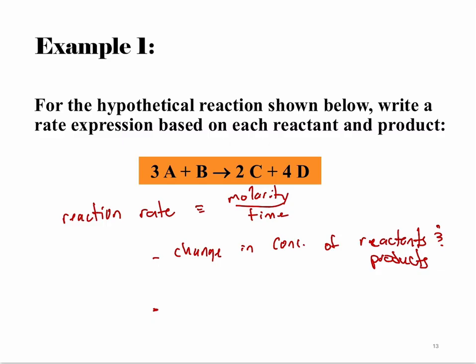It's related to the coefficients? Yeah, right. That's exactly right. It's the stoichiometric coefficients that are also important, because that tells us the ratio of how things are being made or decomposed.